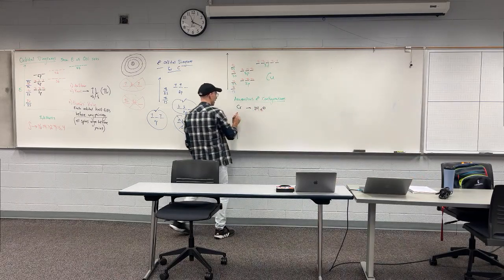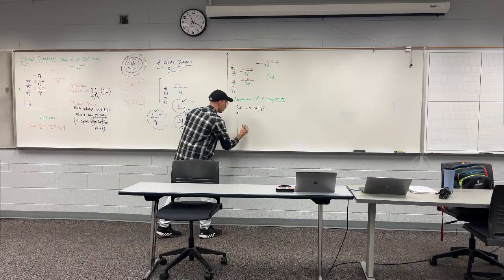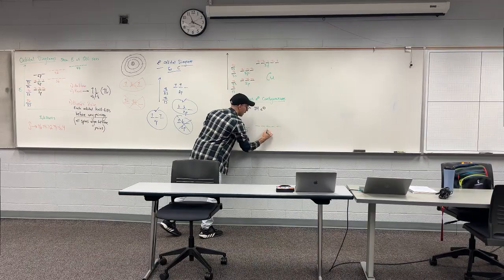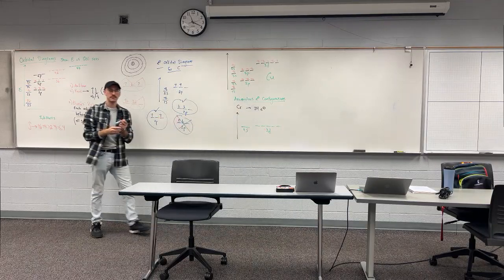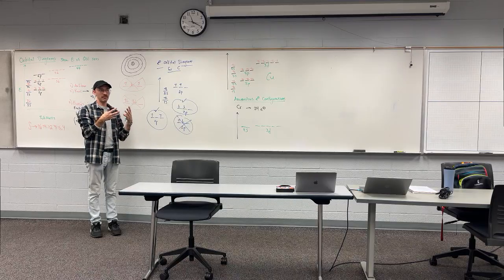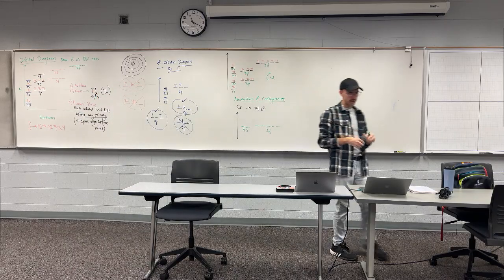If I zoom in on its orbital diagram, just to look at 4s and 3d, of those 24, 18 of them, I think I've got that right, are held in the higher shells.